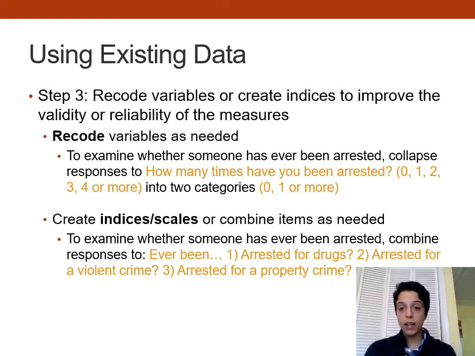Instead, you could combine responses to those questions in a way that would give you a single scale of a prior arrest history, either frequency or, again, whatever would make most sense for your research study. But again, the idea here is that oftentimes with existing data, you can find multiple items that can be combined into a single measure, which we would call a scale or an index, that would fit whatever concept you are interested in measuring.